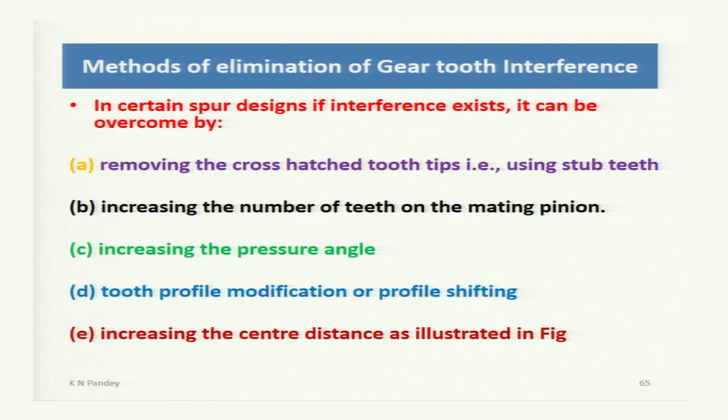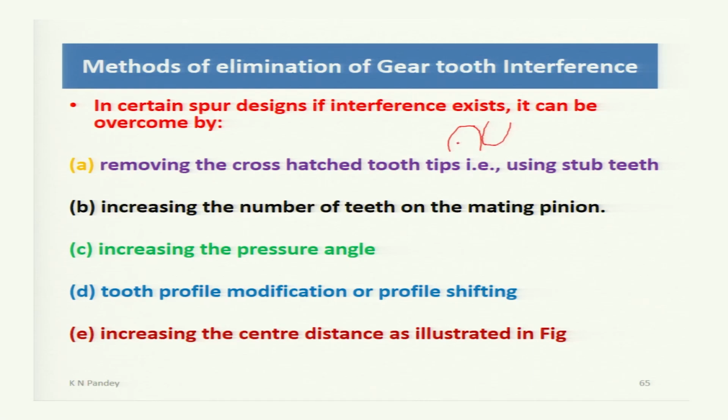Now, the other methods of elimination of gear tooth interference are: first, removing the cross-hatched tooth tips, that means using stub teeth. The meaning is, we have this gear tooth which is meshed with another gear tooth like this.